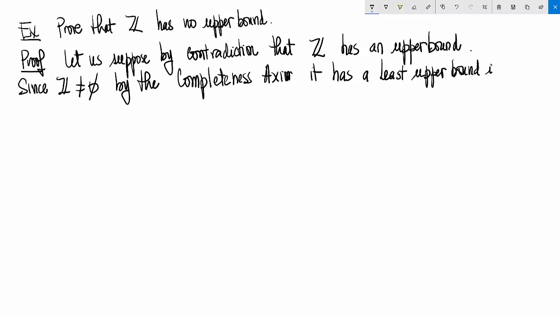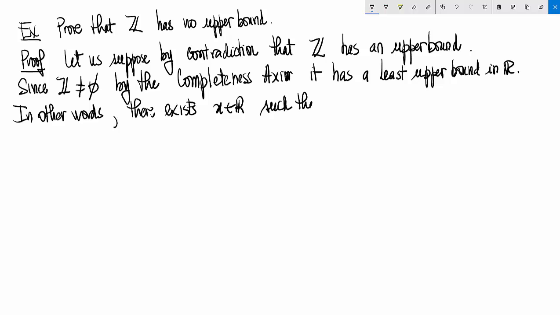in the reals. So in other words, there exists some real number x such that x is the supremum of the integers.